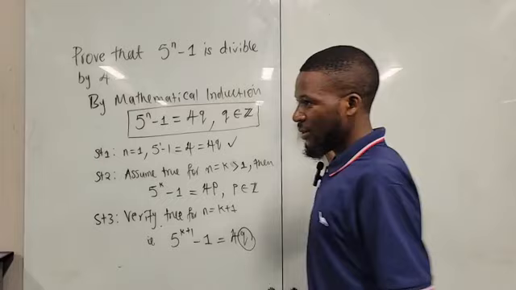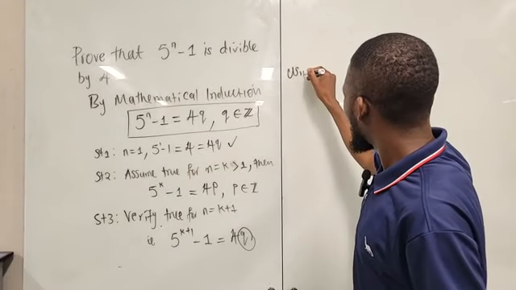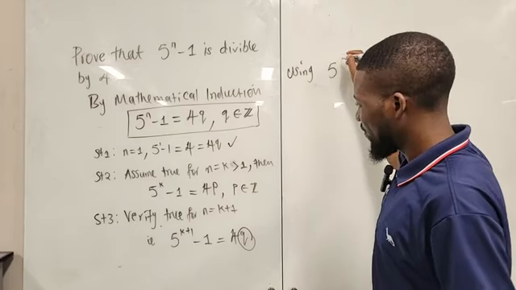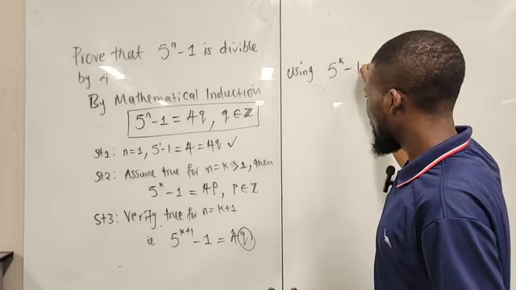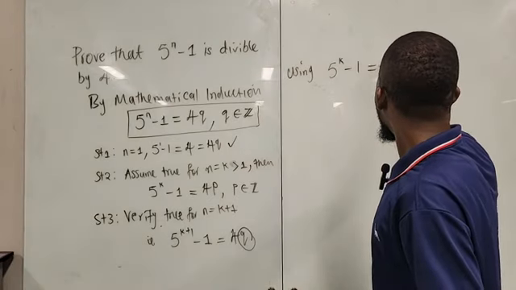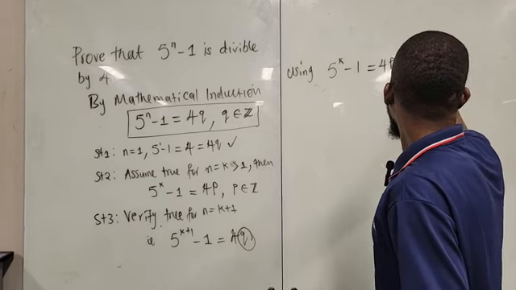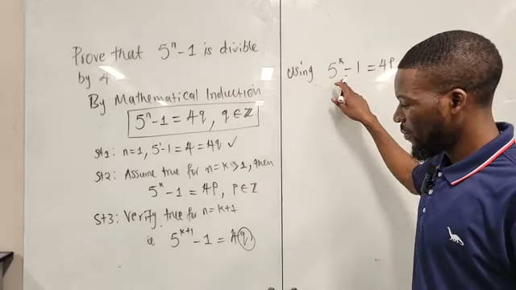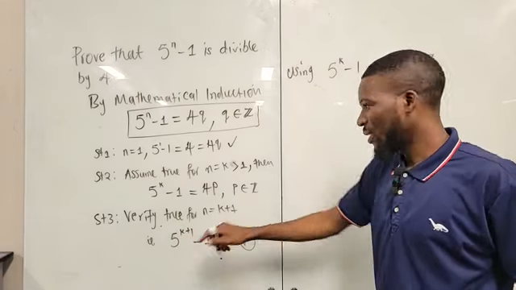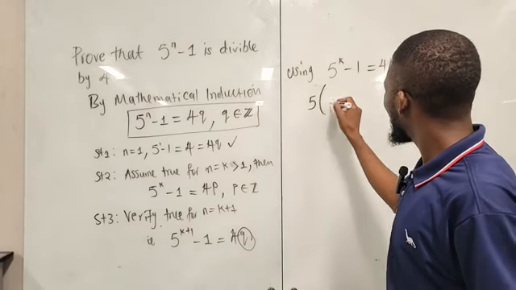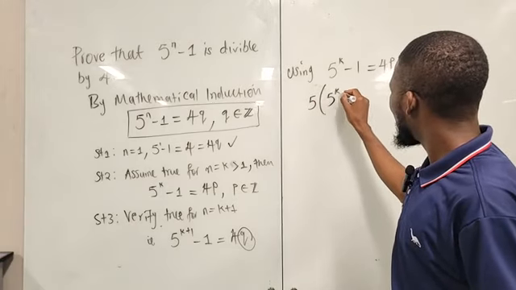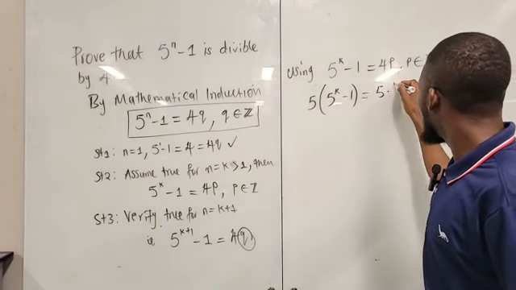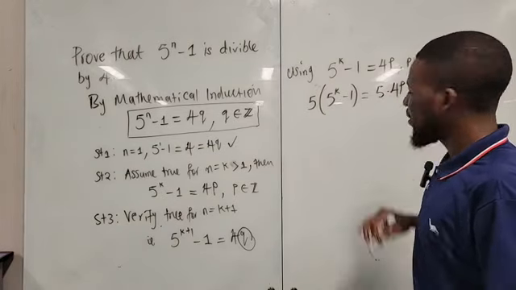So right here I'll write, using 5 to the power k minus 1 is equal to 4p, where p is an integer. So what we do, we multiply throughout by 5 because what we want to see is k plus 1. So I multiply by 5 this side, and on the other side, 5 multiplied by 4p.